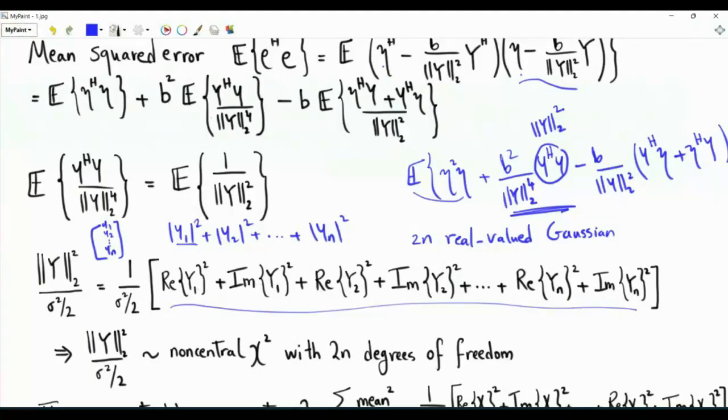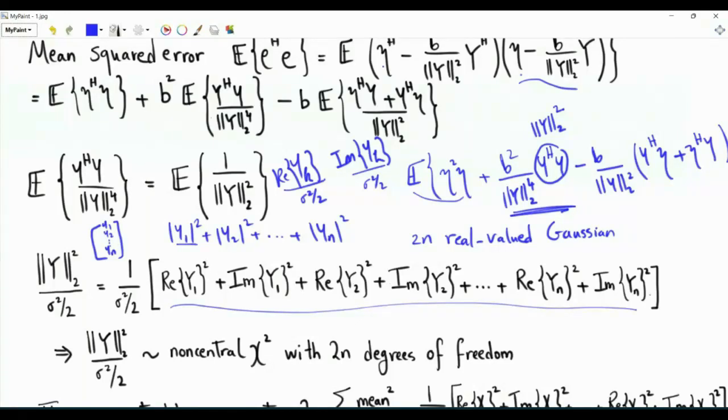Indeed, the real and imaginary parts of Yk are independent because the vector is circularly symmetric, and each of them has a variance equal to half the variance of Yk. So if Yk has a variance sigma squared, then the real part has a variance sigma squared over 2, and the imaginary part has sigma squared over 2.